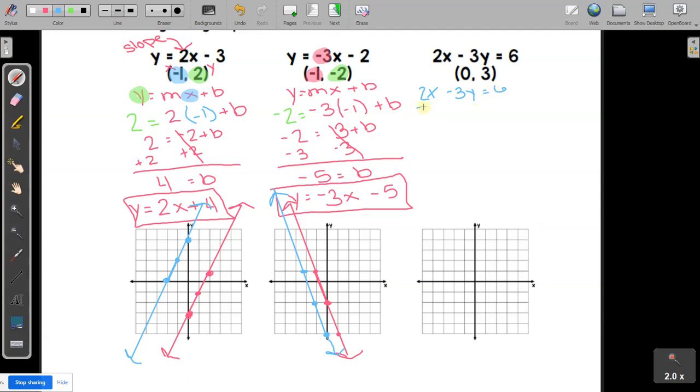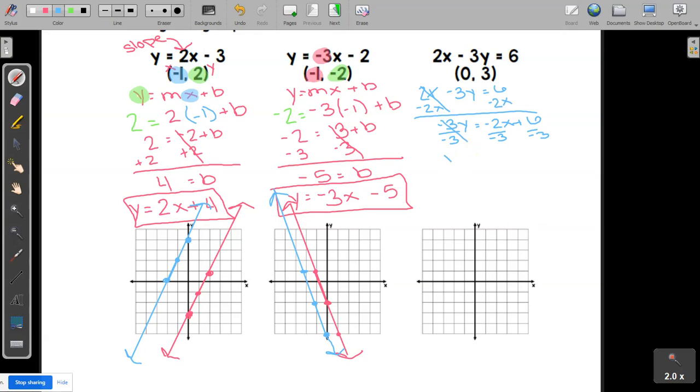2x minus 3y equals 6. I'm going to subtract our 2x from both sides. It cancels out. We have negative 3y equaling negative 2x plus 6. Divide everything by negative 3.